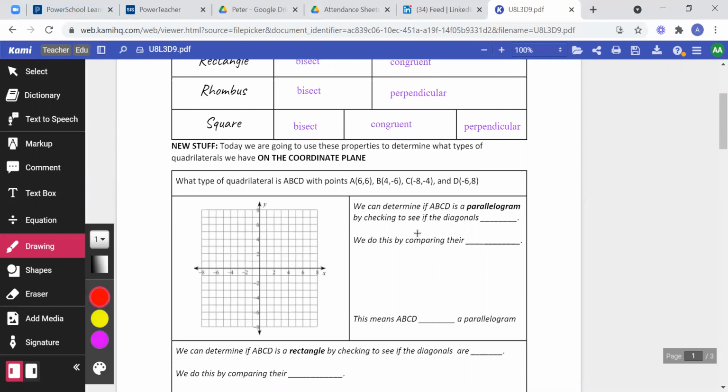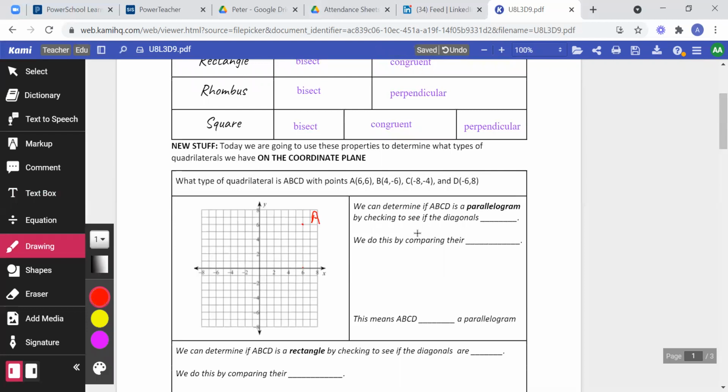And here they say, what type of quadrilateral is ABCD? So let's locate A. A has coordinate x 6, y 6. If x is 6 here, y is 6 here, they're gonna meet somewhere here to form A.